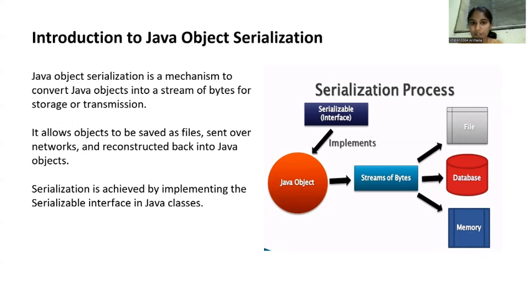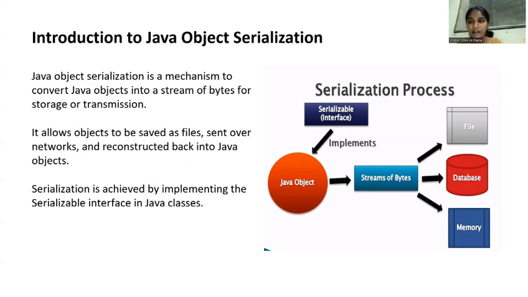So object serialization is platform independent, and it allows objects to be saved as files, sent over networks, or stored in a database as well. Serialization is achieved by implementing the Serializable interface in Java classes. We can learn about the Serializable interface later.